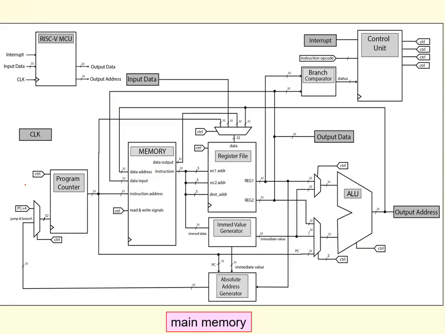There's the program counter. Next, we have the main memory. We call it the main memory because there's all sorts of memories in a real computer, such as secondary memory, which is something like a hard drive, and then we have other memories such as data caches and instruction caches. Once again, this is out of the scope of this class.